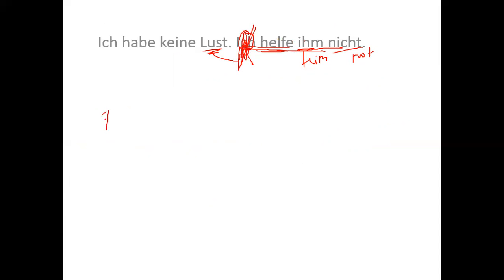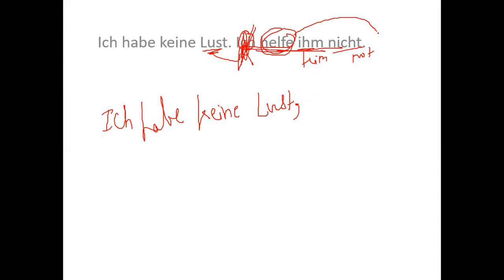So final answer would be, Ich habe keine Lust. I have no plan. Then there is a comma for you. And then helfen. This will come at the end of the sentence with zu. Zu helfen will come at the end of the sentence.